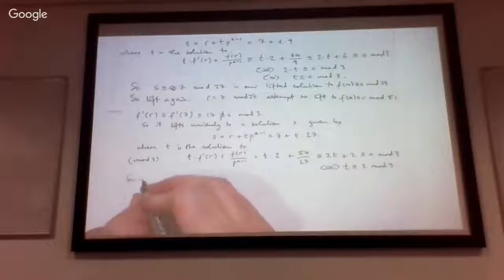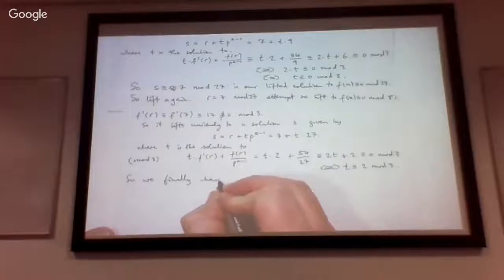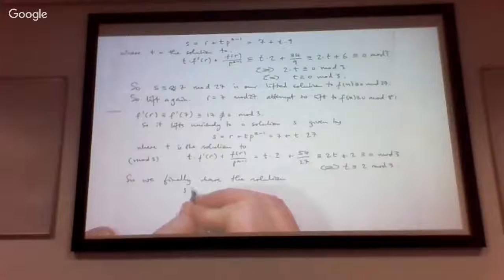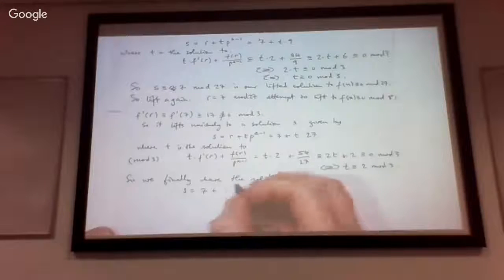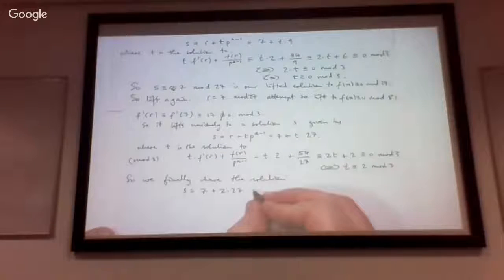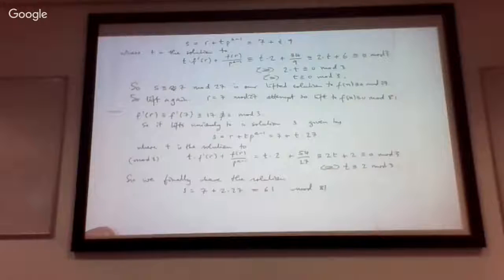So we finally have the solution S, which is 7 plus 2 times 27, 7 plus 54, which is 61, modulo 81, to the original problem, the original congruence.